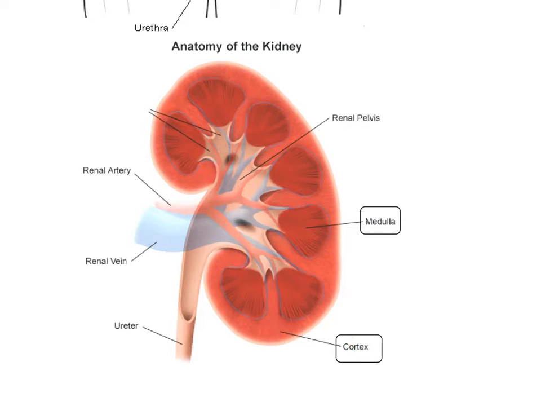So just remember, going from outside in, C comes before M. There's a bit in here into which all excess fluid drains, called the pelvis, not to be confused with your pelvis or your skeleton. And there's the ureter coming away. So artery bringing blood in, vein bringing it out, and then it is the job of the medulla and the cortex to work on the blood to remove toxic substances and excess water.